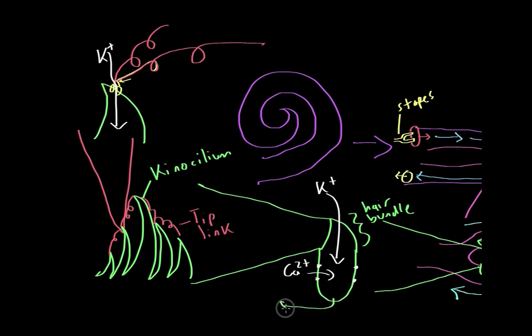It stimulates another cell, known as a spiral ganglion cell, and the spiral ganglion cell then activates another cell that is part of the auditory nerve, which then goes to the brain. So this is what happens when a sound wave comes into the ear and gets transmitted into a neural impulse by these little hair cells.